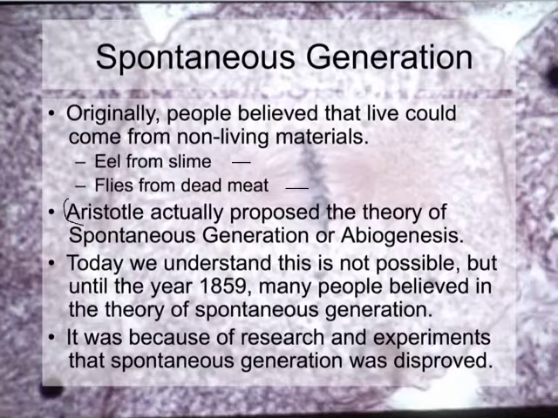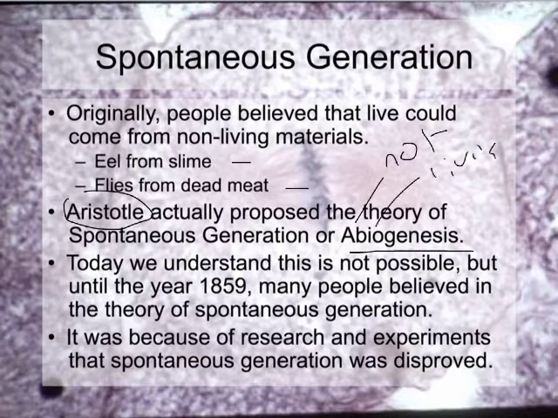This theory goes all the way back to the days of Aristotle. He had this idea of spontaneous generation, but he called it abiogenesis. If you break that word, a refers to not, bio means living, and genesis means origin or beginning. So he believed in a non-biological beginning, and that's how he thought life existed.